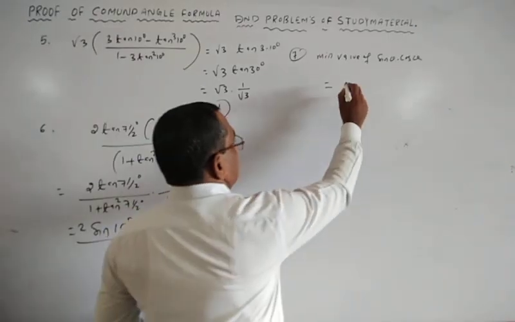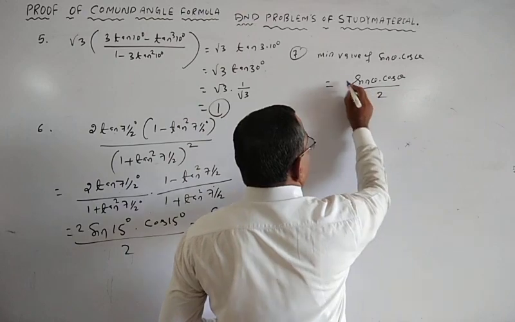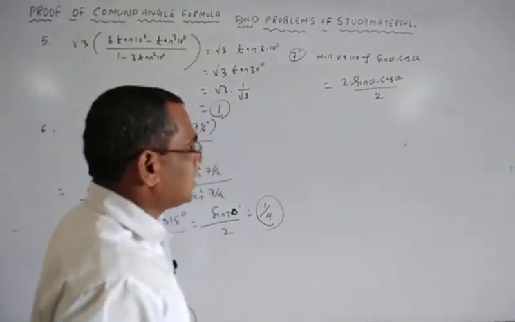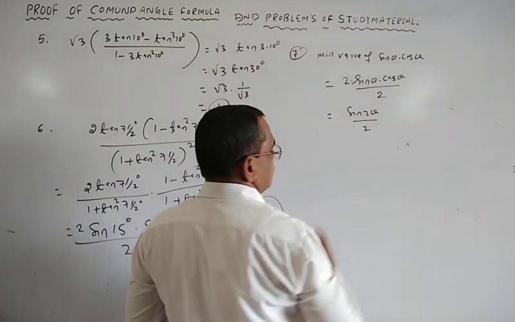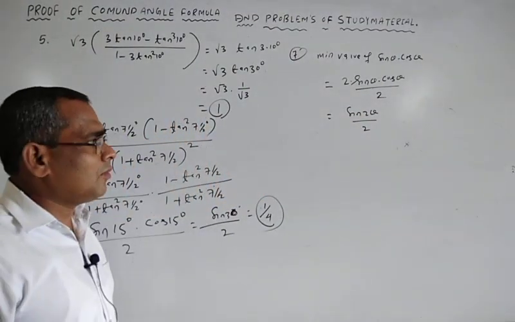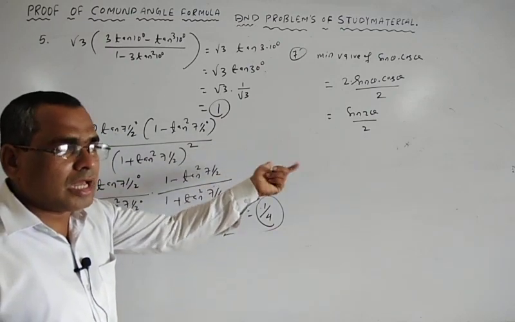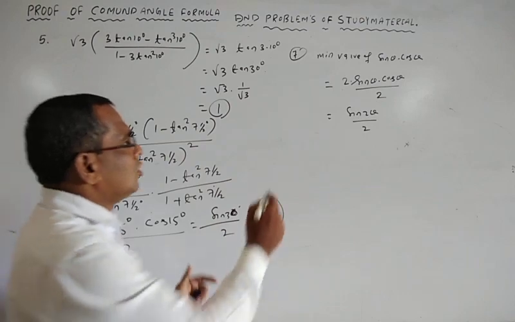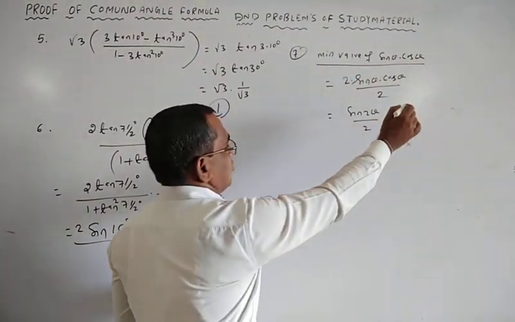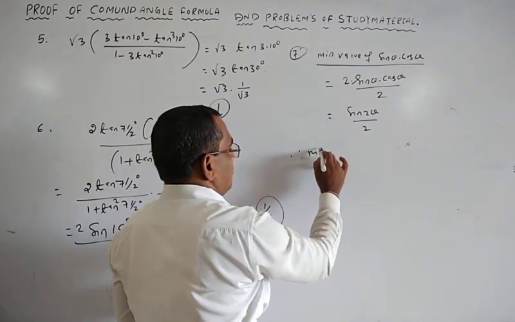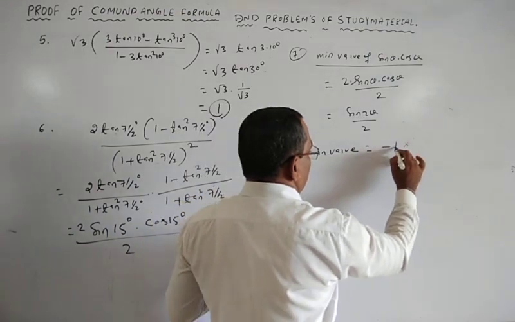So this is sin theta into cos theta by 2 into 2, so 2 sin theta into cos theta, this is sin 2 theta by 2. What we ask is the minimum value. You know the minimum value of sin 2 theta is minus 1, so minus 1 by 2. So the minimum value of sin theta into cos theta is equal to minus 1 by 2.